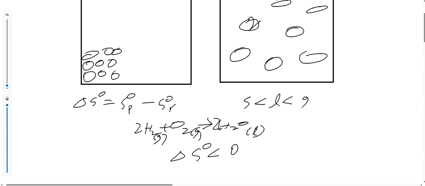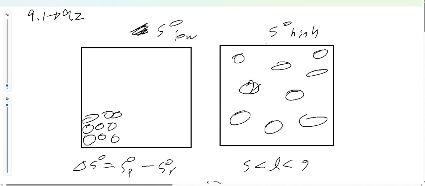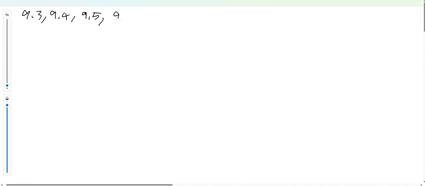However, entropy is not the only way that we can look at things. Introducing the subunits 9.3, 9.4, 9.5, 9.6, 9.7, and 9.9. These are all going to deal with one specific concept in general, and that is delta G, or delta G naught, as many AP problems will suggest.